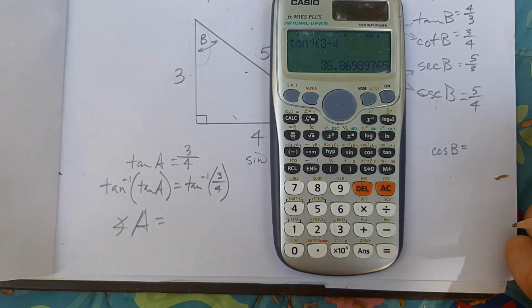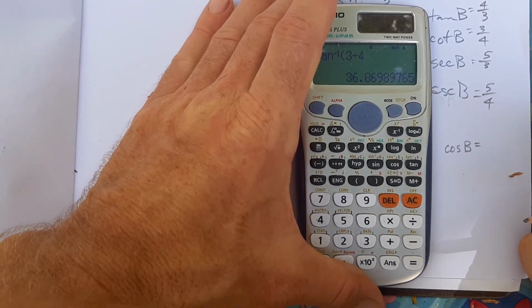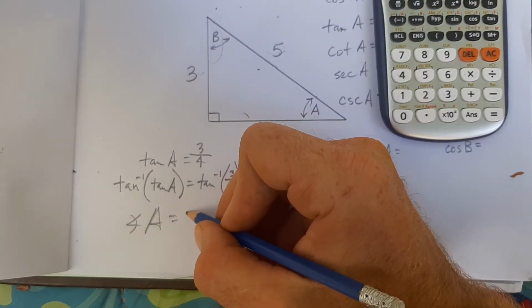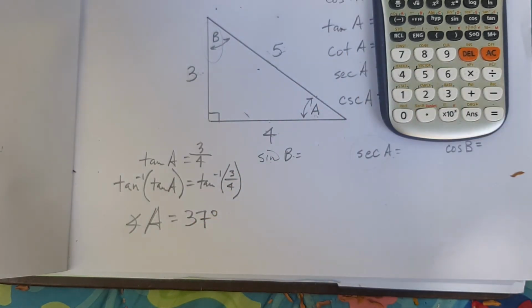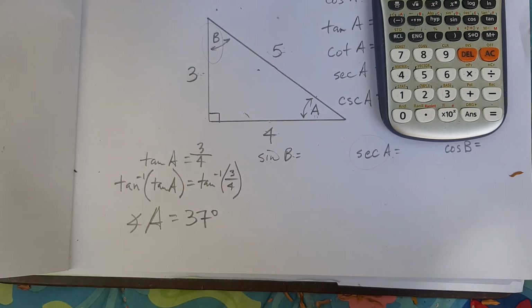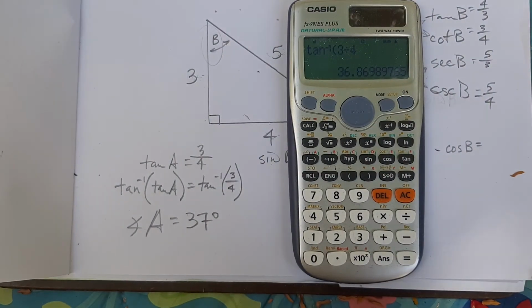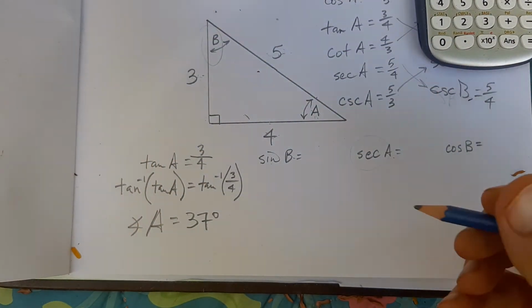So 36.7 degrees. I'm sorry, 36.9. Let's just go with 37 degrees. I think that's what your book says. So about 37, not exactly 37. 36.9 degrees.